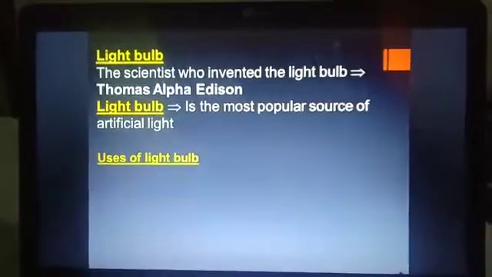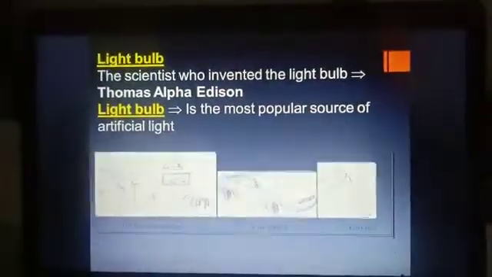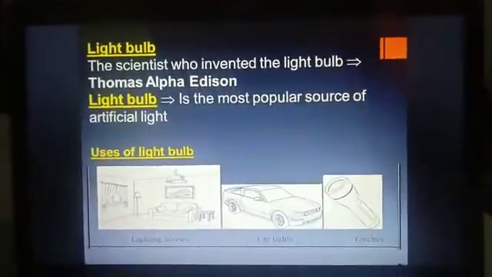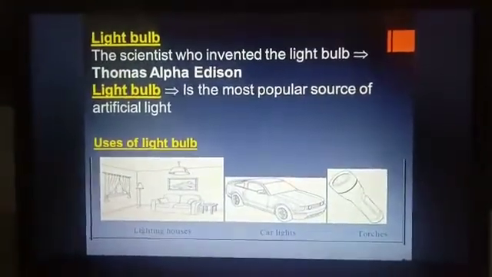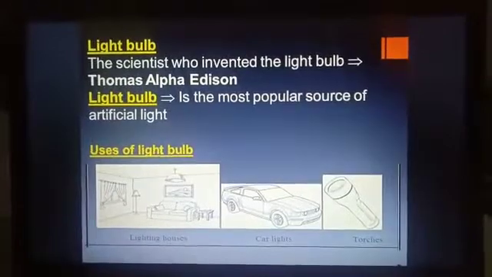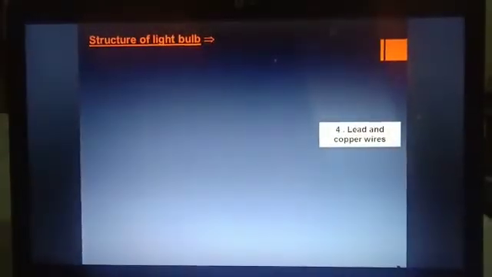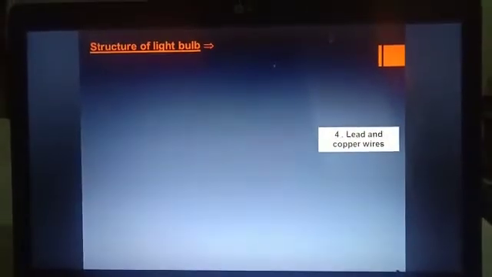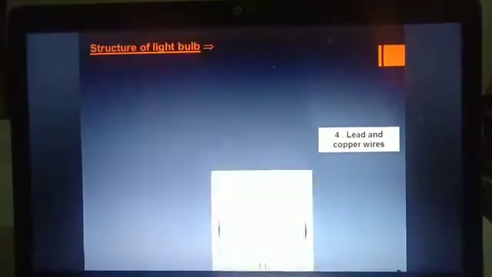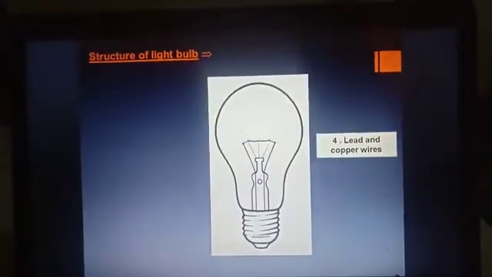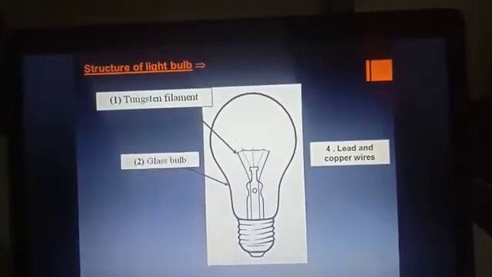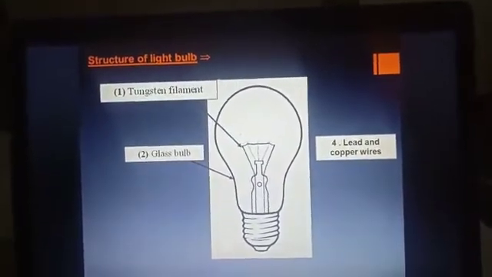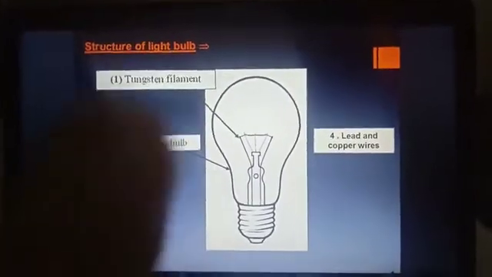How can we use the light bulb? We can use the light bulb in many ways: enlightening houses, car lights, and torches. What's the structure of the light bulb? Now we want to see the structure of the light bulb. First, the tungsten filament.